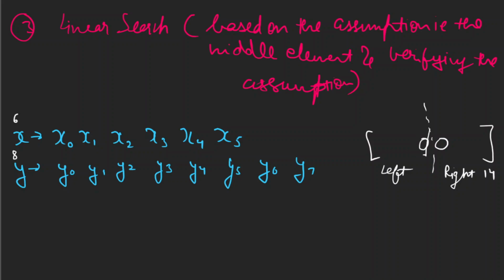Not an element, actually, not on this side. So there are two candidates, right? We need to find the elements, so the element on this side will be the max of an element from x, let's say i, and an element from y, let's say j.